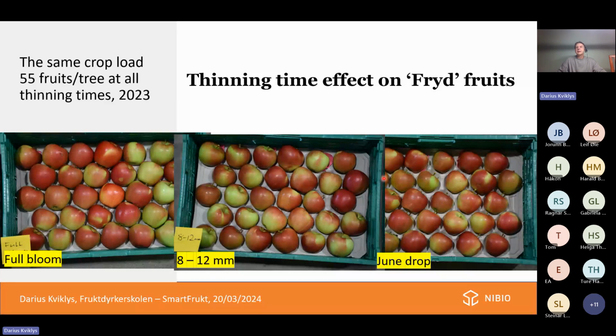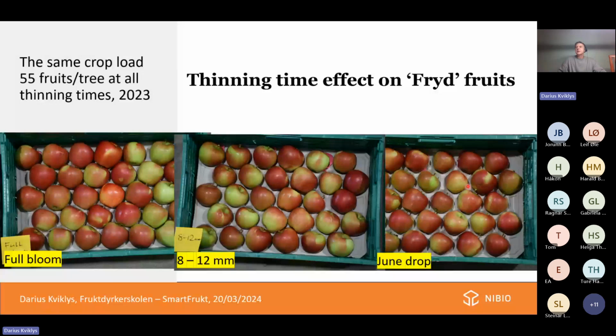And also we can see that when we thin at full bloom, we have a rather even fruit size and more or less even maturation. But at later thinning stages, especially after June drop, fruit size is variable.